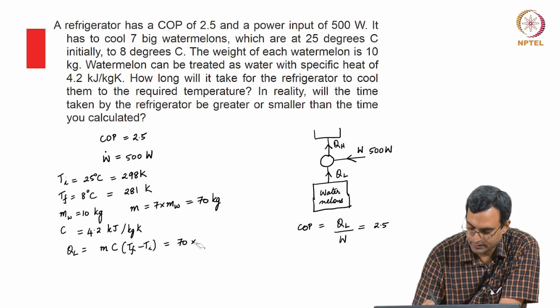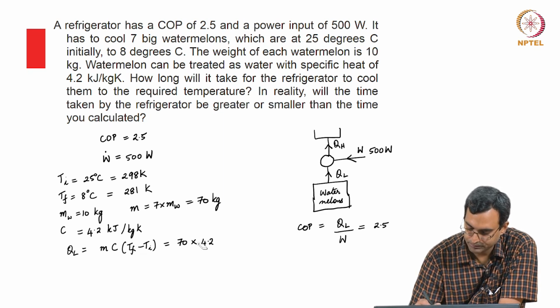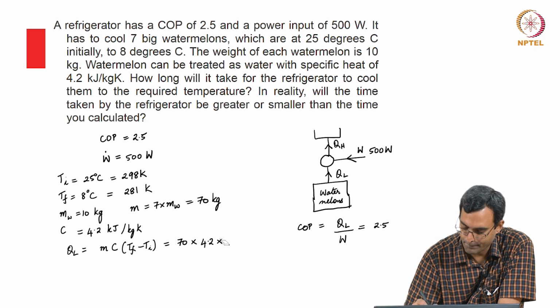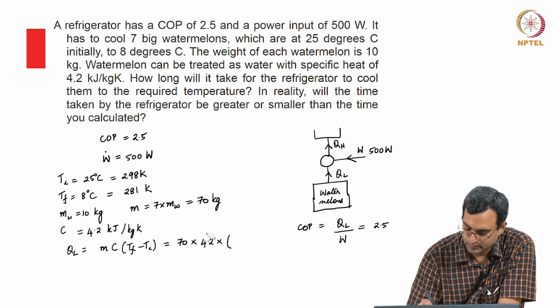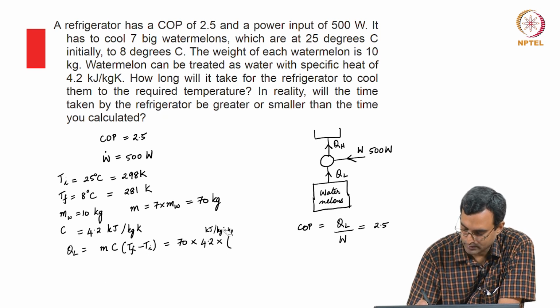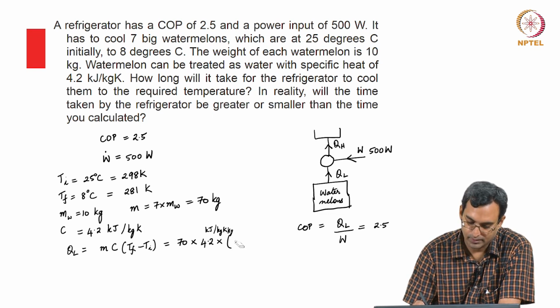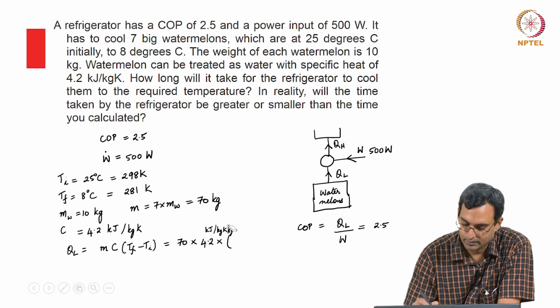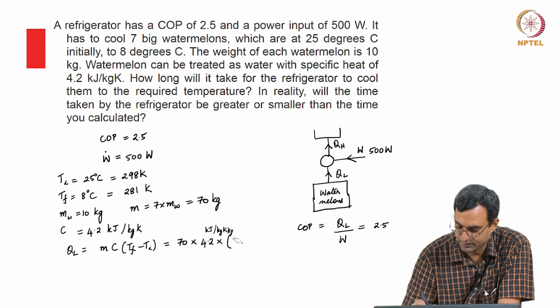So that is 70 into specific heat is 4.2 kilojoule per kg Kelvin, this is 70 kg, and this is essentially 298 minus 281 or 25 minus 8. We are only looking for a difference.